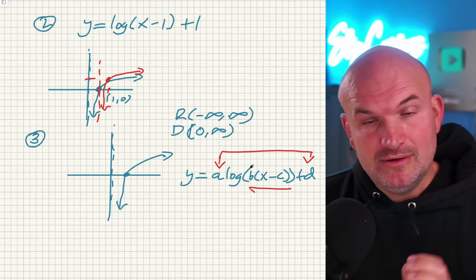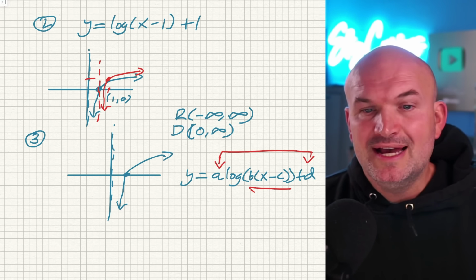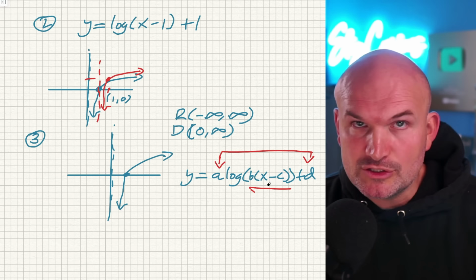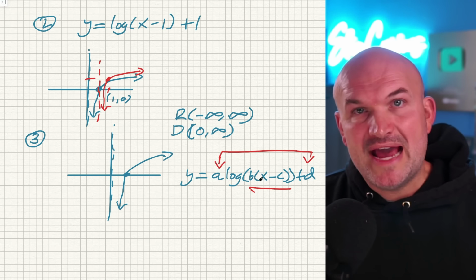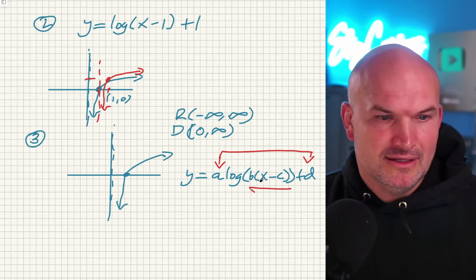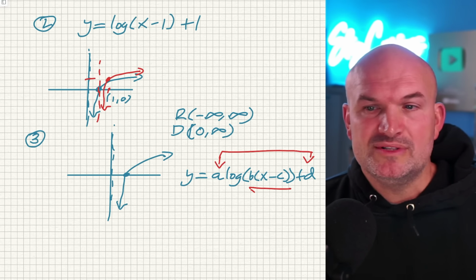That is going to be your B, which is your horizontal reflection or your horizontal stretch and compression, and your C, which is going to be your horizontal shift, left or right. So just remember, horizontal will always impact the domain, but my verticals are not going to impact the domain.